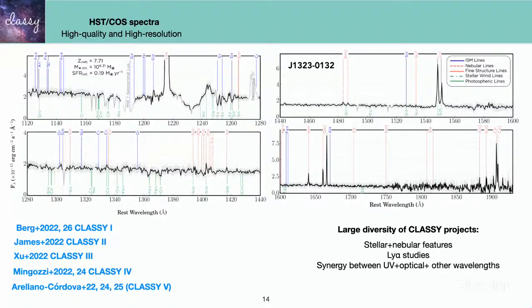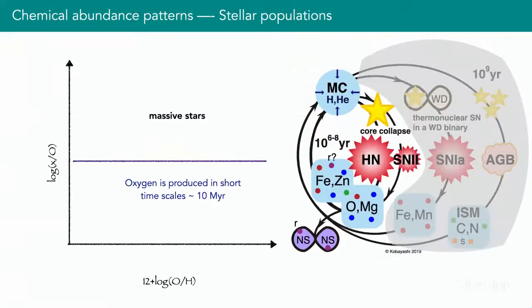Okay, so given that for CLASSY, I will start with these diagrams. In this part of the talk, I will speak about neon, sulfur, argon, and chlorine. So how do these elements form? Who produces these elements? It's basically massive stars. Follow this trajectory here.